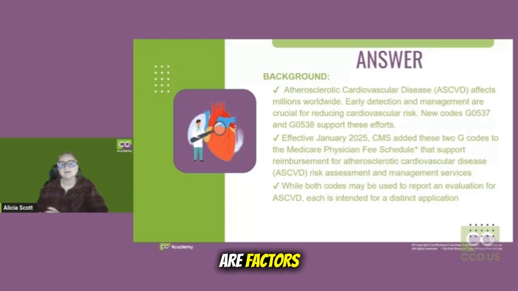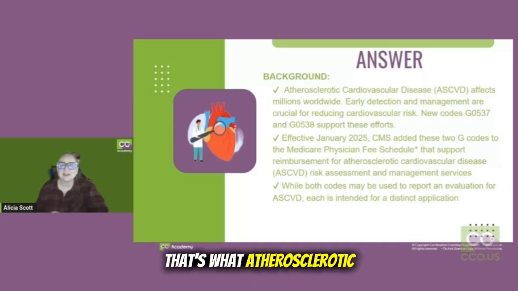All of these are factors that make these people at high risk. But also, if you live long enough, your vascular system is going to get a little clogged up. It's like leaving a glass of water out on a windowsill, and as it ages, you get that crust on the side. So that's what atherosclerotic cardiovascular disease is.